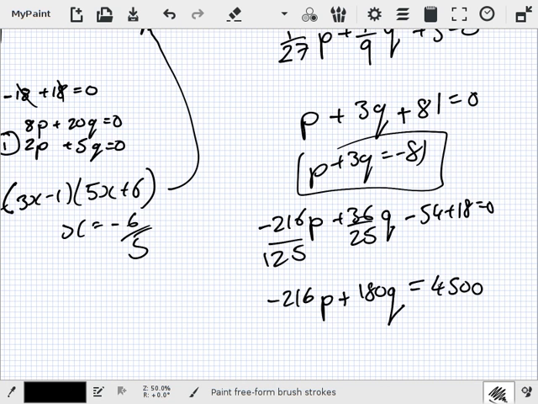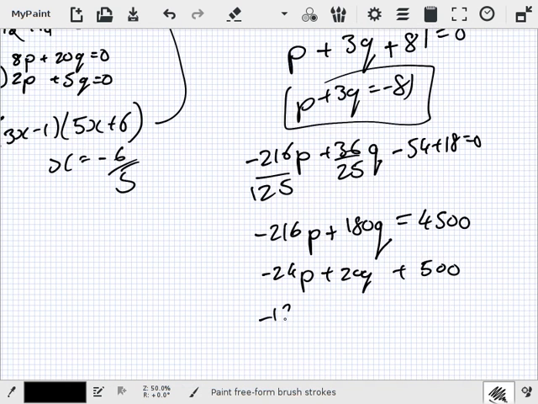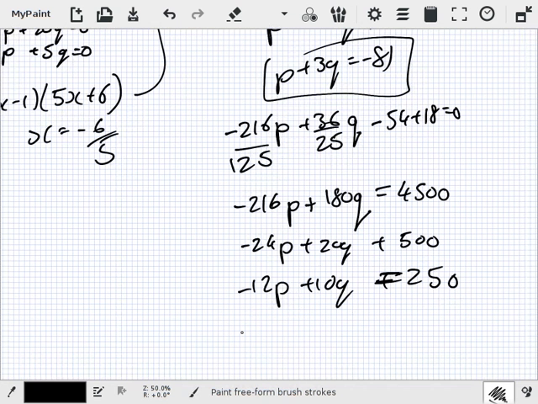Minus 24p plus 20q plus 500. I could divide by 2: minus 12p plus 10q equals 250. Divide by 2 again: minus 6p plus 5q equals 125. I think that's it.